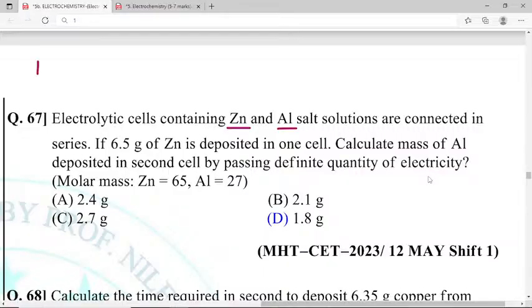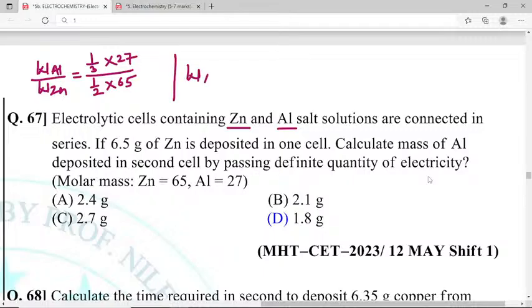So W of aluminium divided by W of zinc is equal to the mole ratio of aluminium, 1/3, multiplied by aluminium molar mass 27, over zinc 1/2 multiplied by zinc molar mass 65. So W of aluminium is equal to the weight of zinc, which is given.